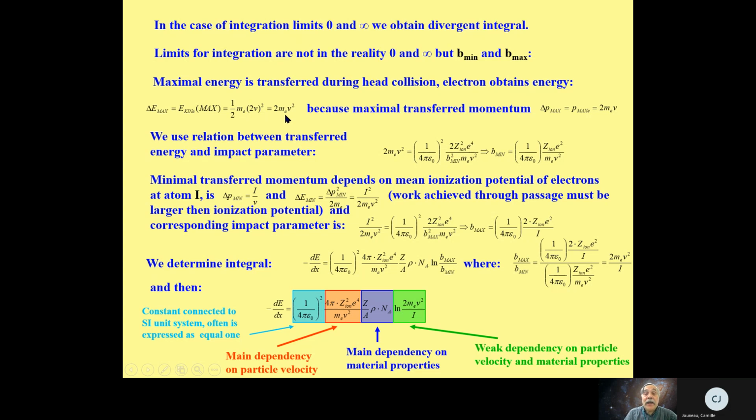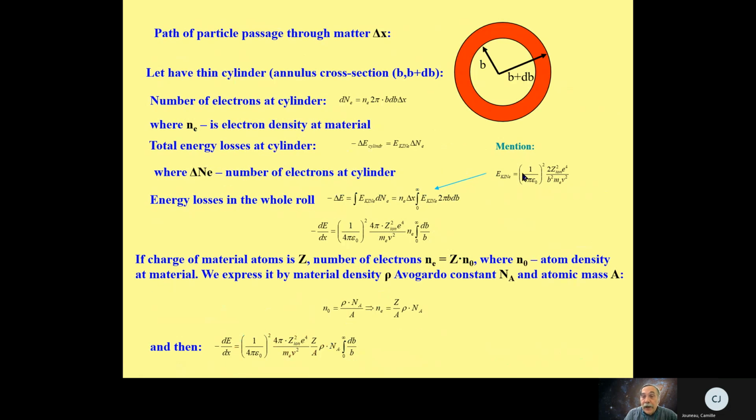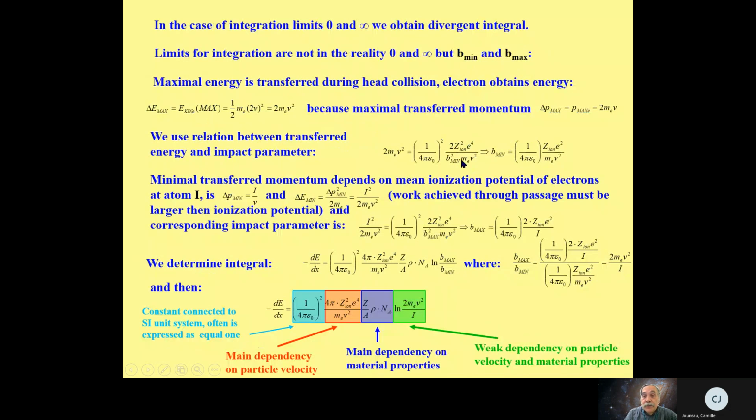That means the maximal energy is this. And because you have the relation between kinetic energy and momentum, it is possible to calculate the minimal impact parameter for this maximal energy.